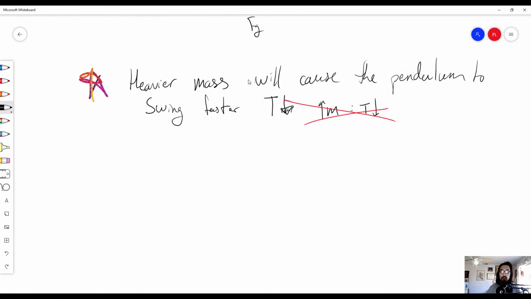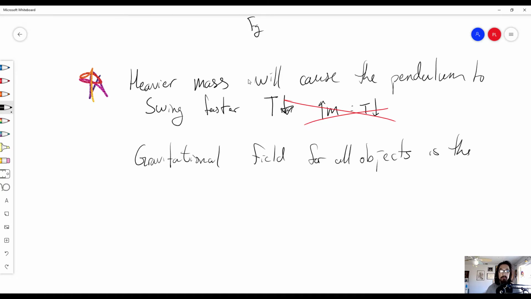Because we know that the acceleration due to gravity, or the gravitational field, for all objects is the same.